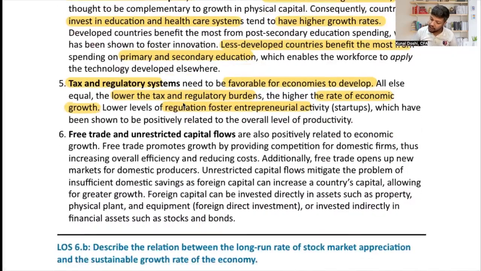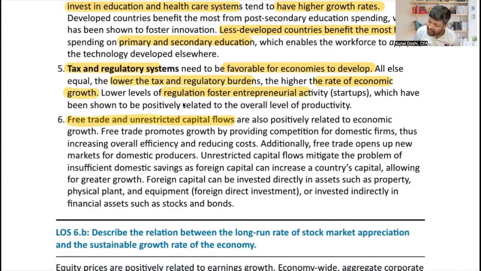Free trade and unrestricted capital flows. If there are no trade barriers, that will result in positive economic growth, especially for those in the export industry, who will really benefit. Unrestricted capital flows mitigate the problem, as I just discussed, of insufficient domestic savings, which can be covered by foreign investment.